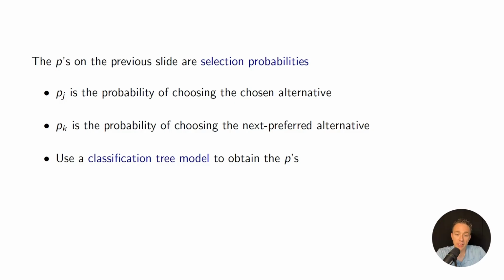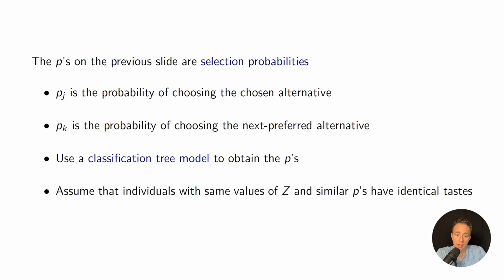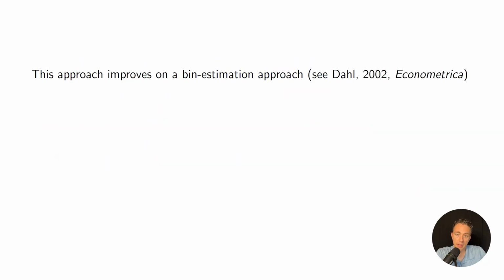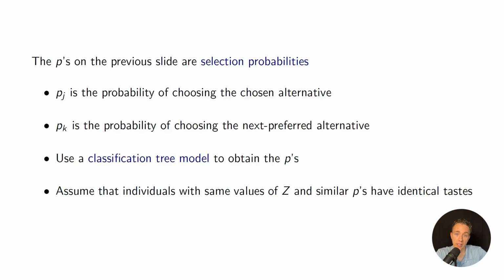And what I do is I use a classification tree model to obtain these selection probabilities, and then make an assumption that people with similar Z's and similar P's have similar tastes. And then from there, we can include these terms in a fairly straightforward way in the outcome equation to get selection corrected estimates.